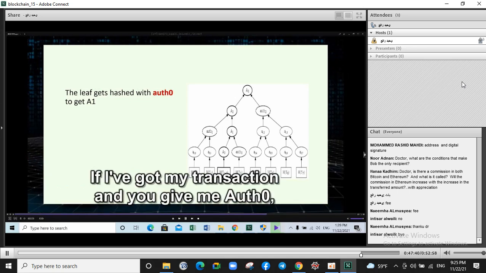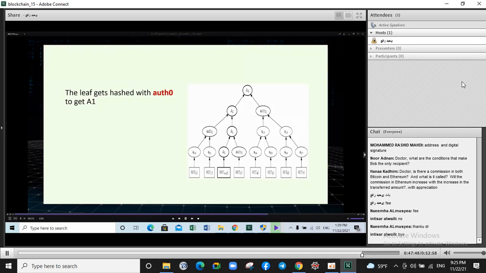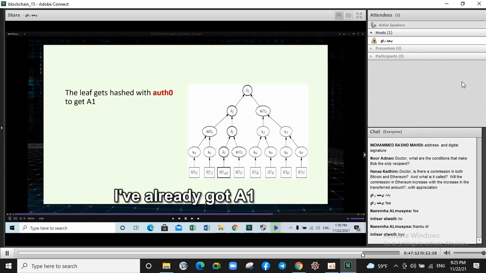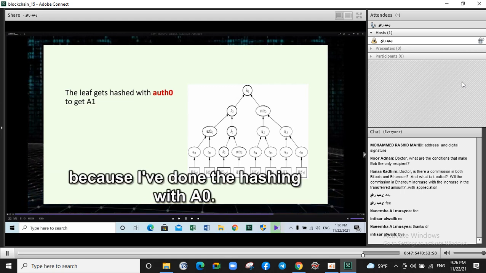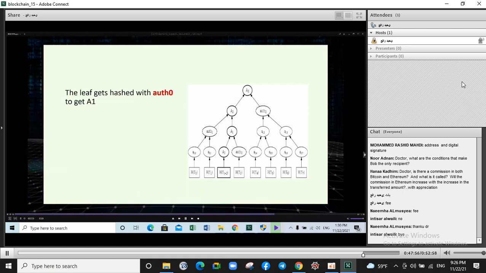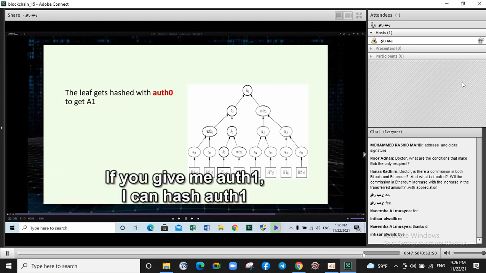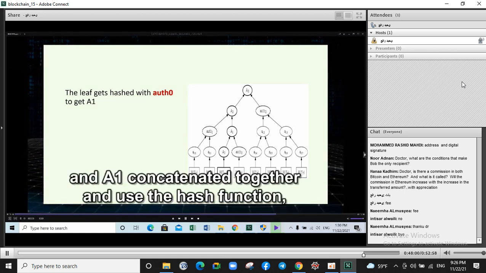Now, if you give me auth 1, I've already got A1 because I've done the hashing with A0. I can hash auth 1 and A1 concatenated together using the hash function, and that'll get me to A2, right?